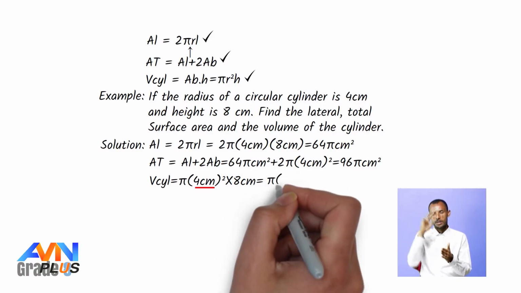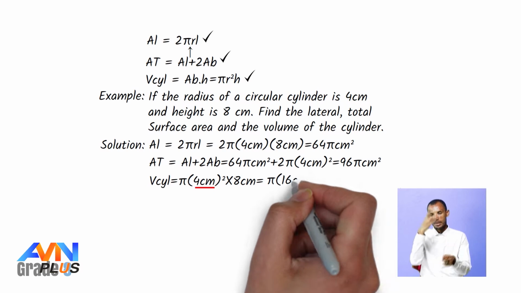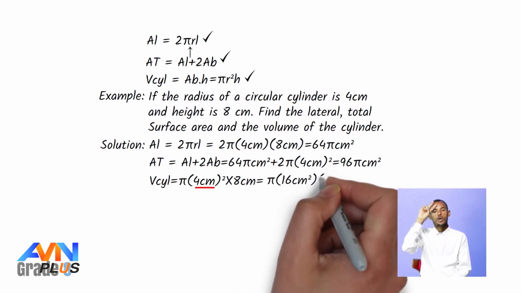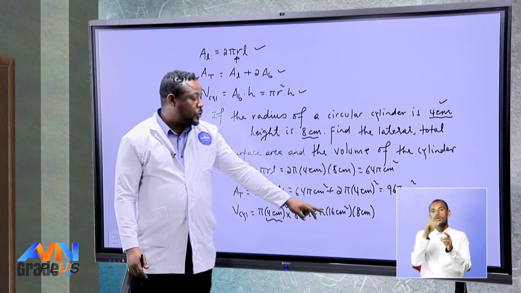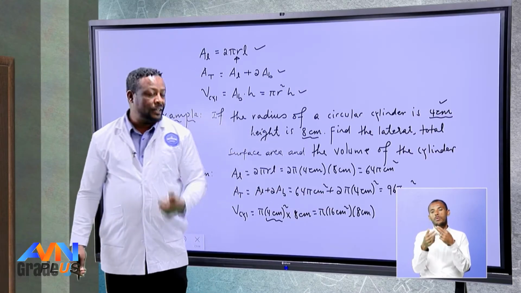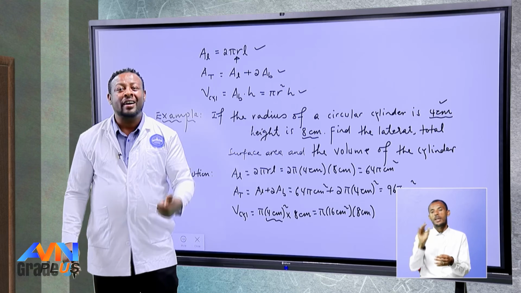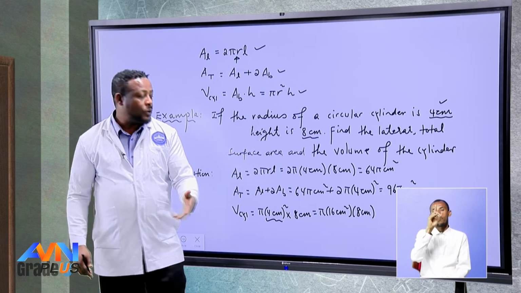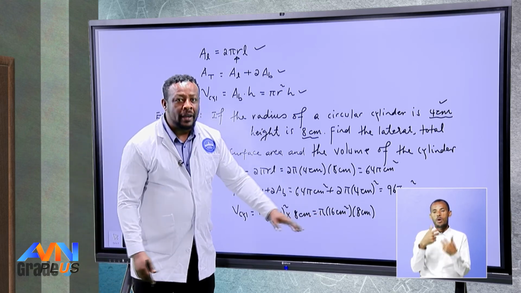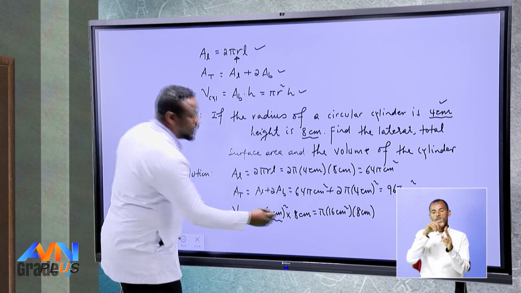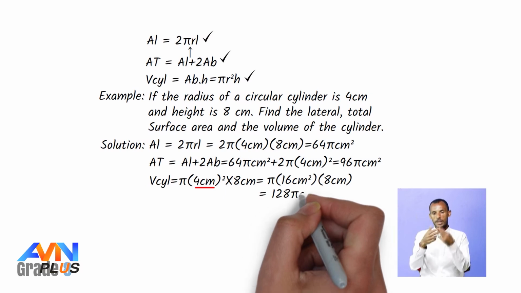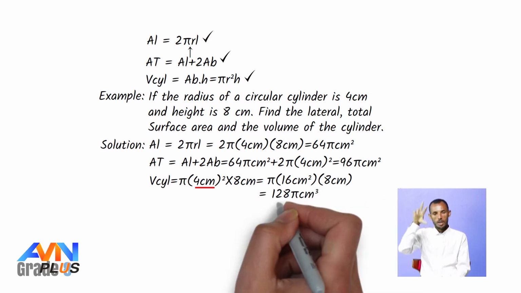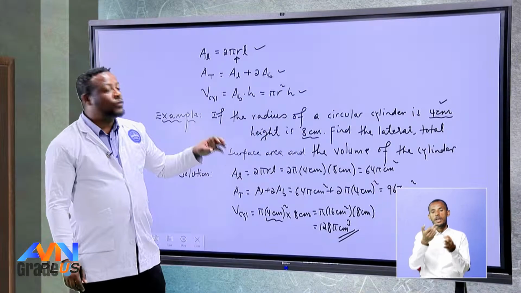So this becomes pi times 16 centimeter square times 8 centimeter. The product of 16 and 8 is 128. So the whole product becomes 128 times pi centimeter cube. This is the required volume.